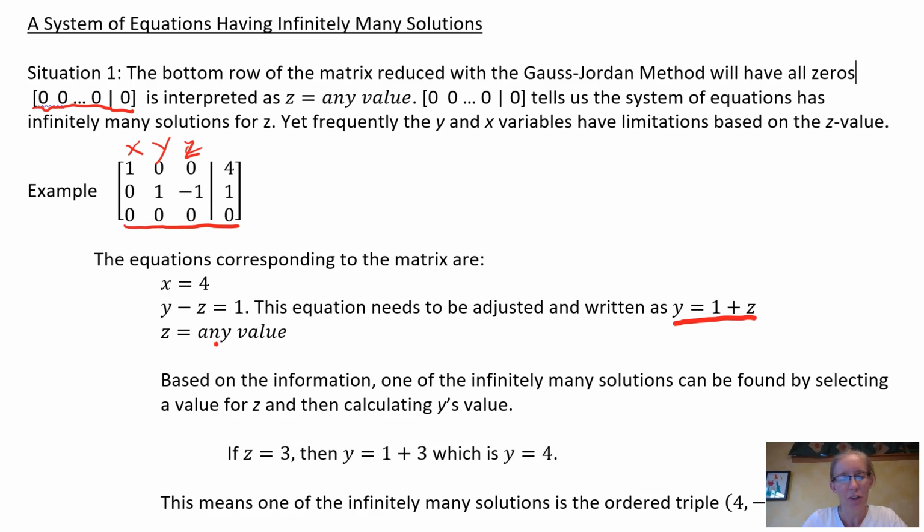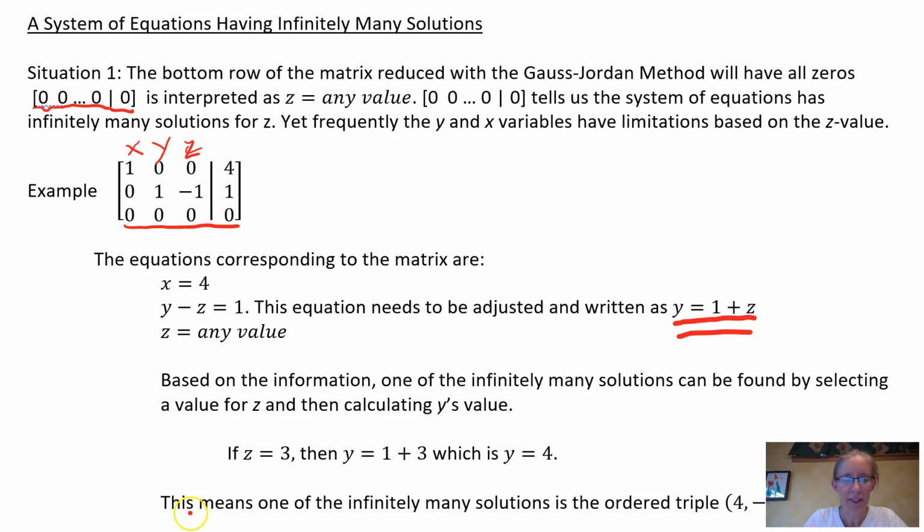But if I actually wanted to know an ordered triple that really truly worked for all of these, then I need to randomly guess a value for z. Based on the information above, one of the infinitely many solutions can be found by selecting a value for z and then calculating y's value. I guessed z equals 3. Remember, z can be any number. So if z equals 3, then y will equal 1 plus 3, and that's because y equals 1 plus z. So y equals 4.